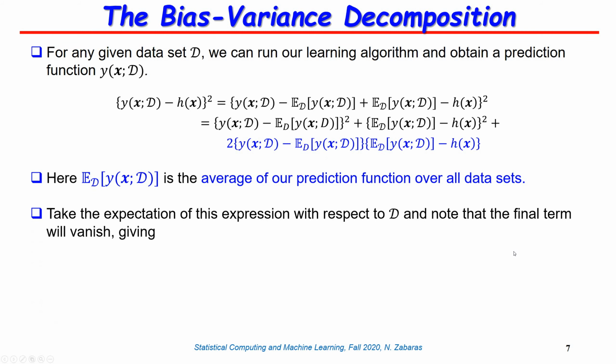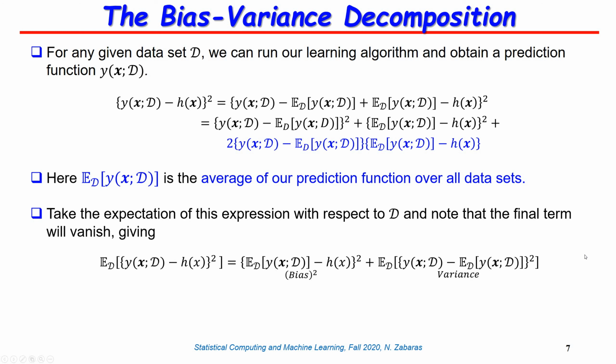So effectively what I get are the following two terms. I get the expectation of y with respect to my data sets D, minus the optimal, the true regression function, if you like.